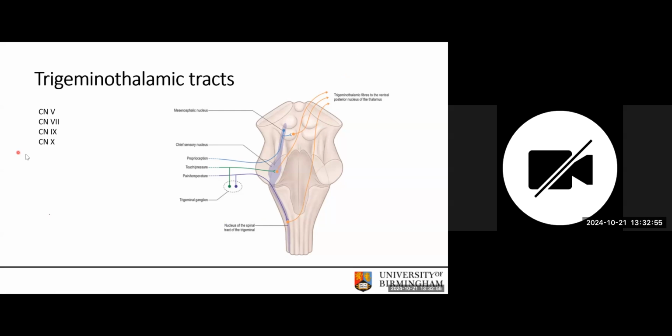So, things to remember here. If this is from the trigeminal nerve to the thalamus, they are ascending pathways. This is absolutely the same as we were talking about before. So we will use 3 neurons.